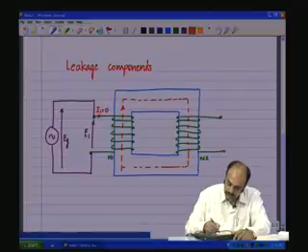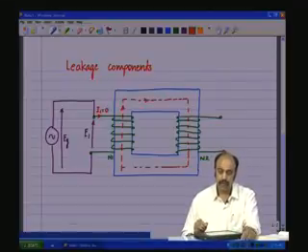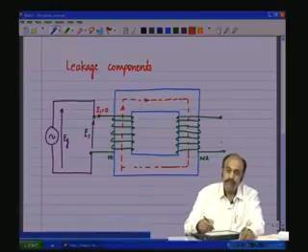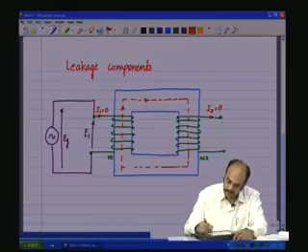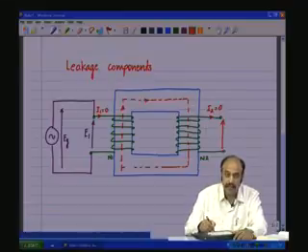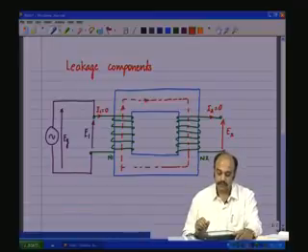So, we have the flux that gets generated in the core. Now, if there is no load here, I2 is equal to 0. Now, there is a flux generated in the core and it is going to link with the secondary, which is going to generate a secondary induced EMF.